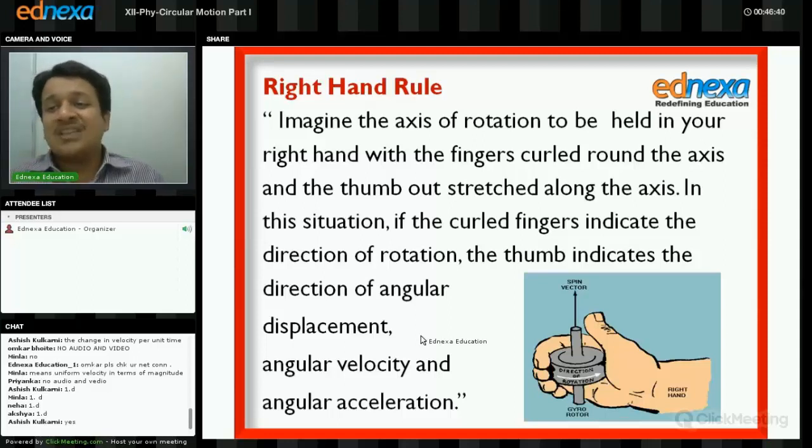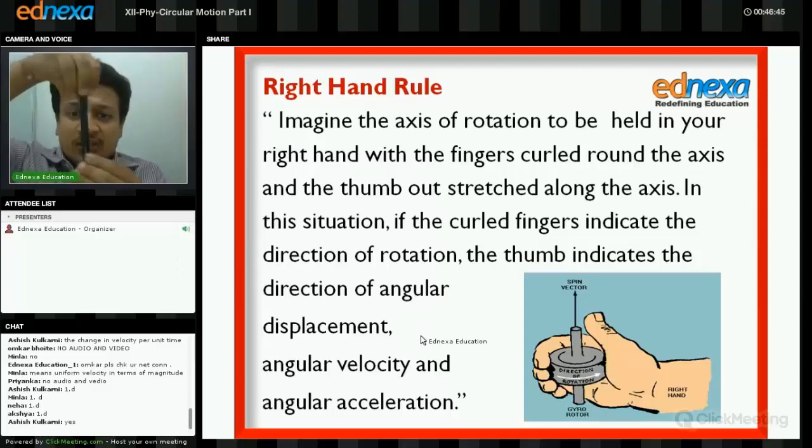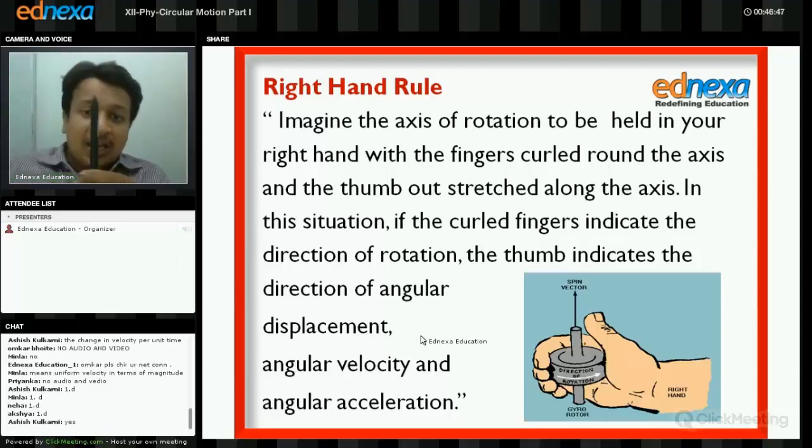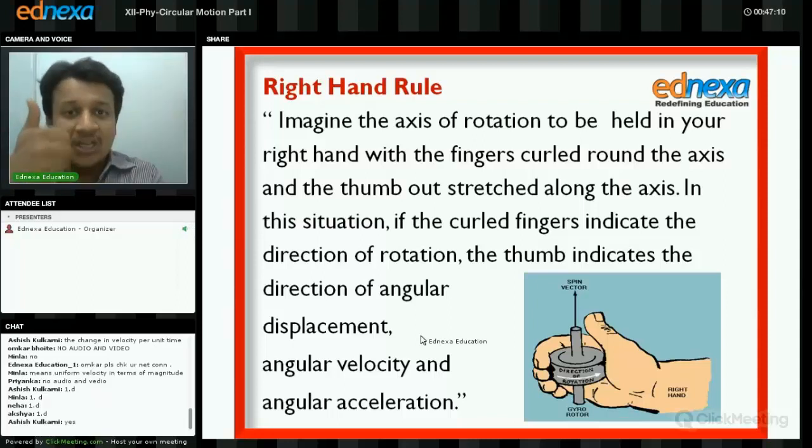Suppose this is the axis of rotation and you hold it in your right hand with the thumb outstretched and fingers curled around it. In this situation, if the curled fingers indicate the direction of rotation, then the thumb indicates the direction of angular displacement, angular velocity and angular acceleration.